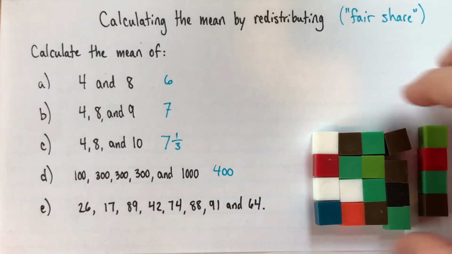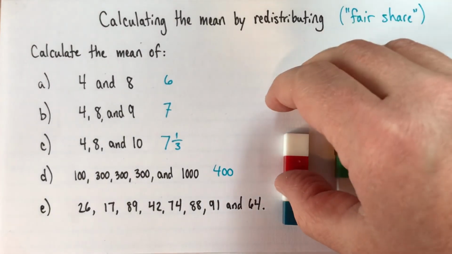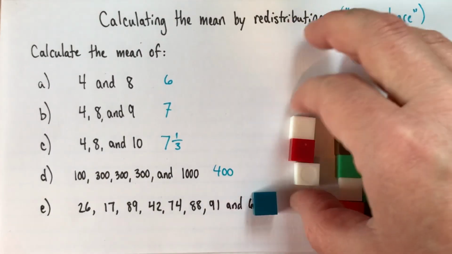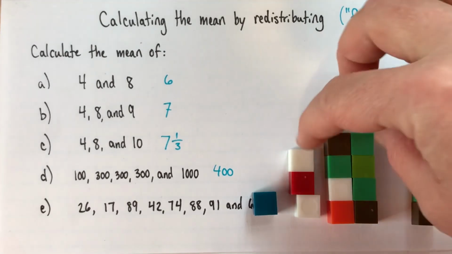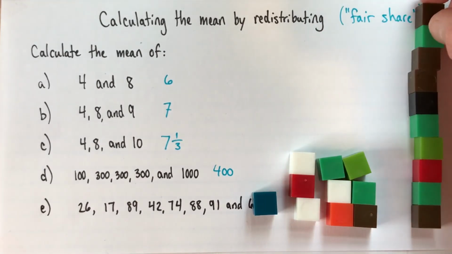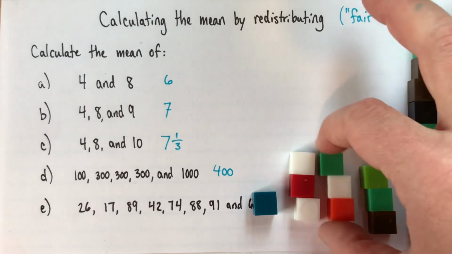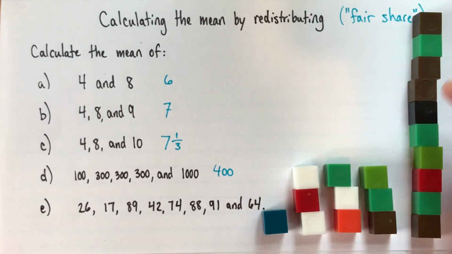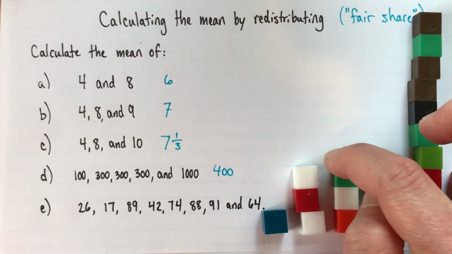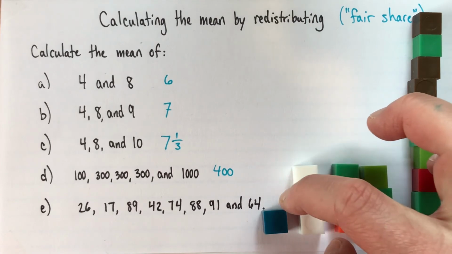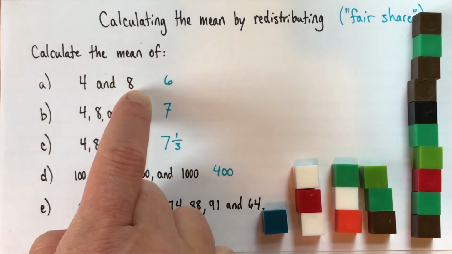But as you notice, this one is starting to get a little bit more tricky. Because we had a whole lot to redistribute, it might have been a little bit harder to do in our heads, or to imagine. I think still it's not bad, because everything was coming from this one big stack here as we were passing it out, so it would be not too hard to keep track of in your heads, but it's certainly harder to keep track of than it was when we just had 4 and 8.